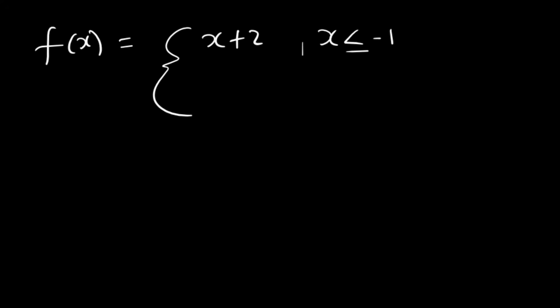Then 1, let's say 1 is between negative 1 and 1, that is the domain. Then I have x squared, let's say in this case x is greater than 1. So that is the domain. Then we're supposed to see if the function is continuous or not.